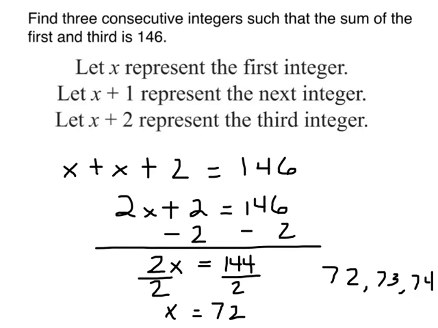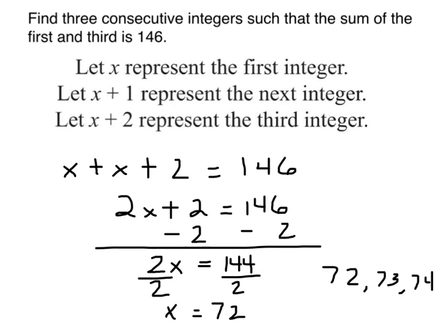This first problem says find 3 consecutive integers such that the sum of the first and third is 146. So let's let x represent the first integer, x plus 1 will represent the next integer, and x plus 2 the third integer.